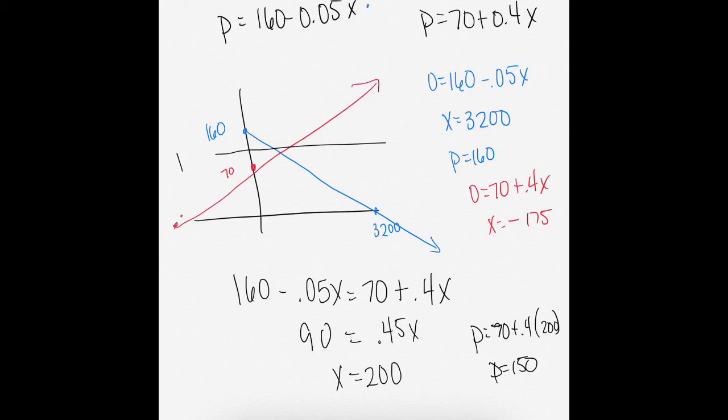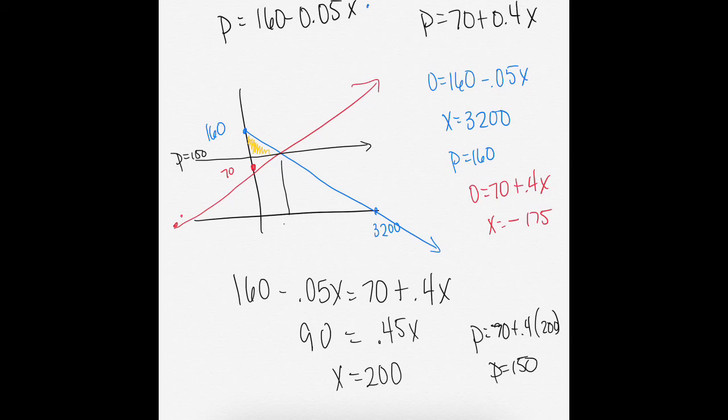Clearly mine is poorly graphed, but you knew that. So p equals 150. All right, so again, if we want the consumer surplus, it's going to be the area up here. It's important to note what point this is right here.